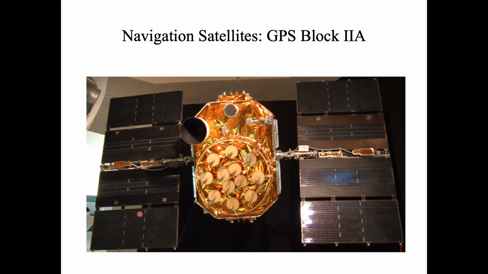So all these GNSS systems are made up by a set of very simple elements. The payload, what is the payload? The payload are accurate, stable clocks. And in particular, every GPS satellite hosts 2 rubidium clocks and 2 cesium clocks for redundancy. And we will again describe these clocks later, especially the cesium clock.